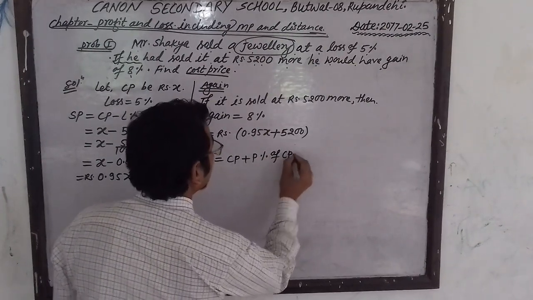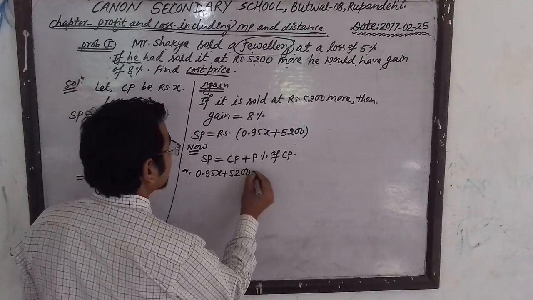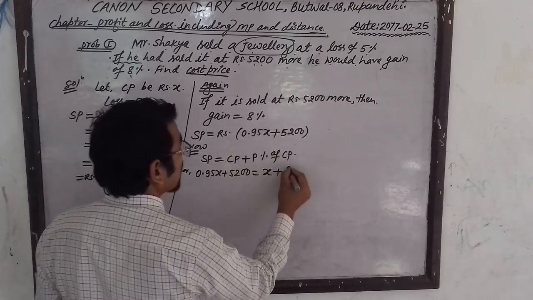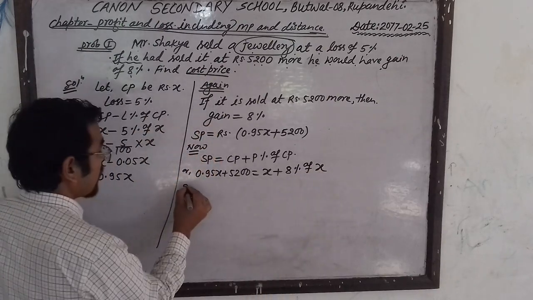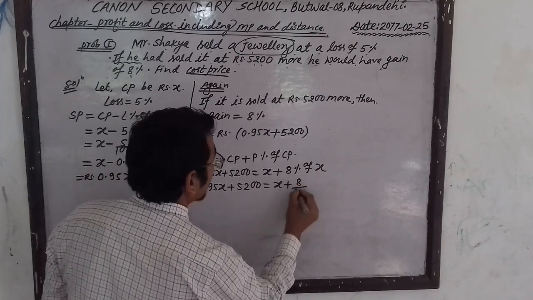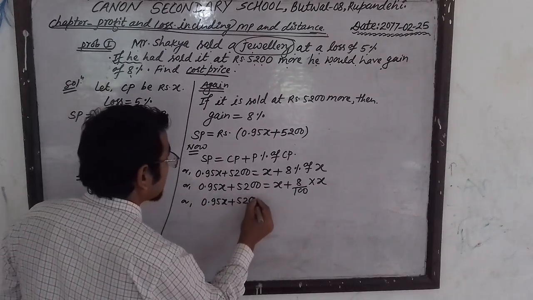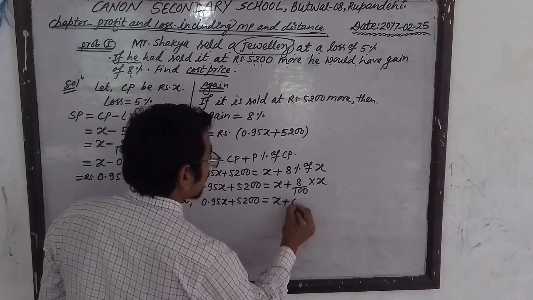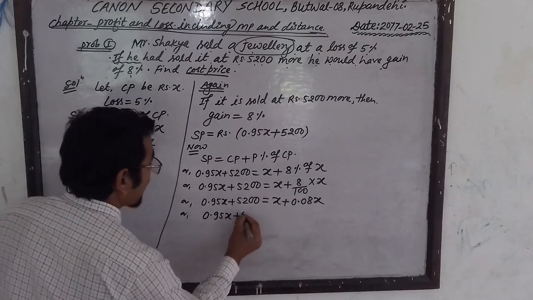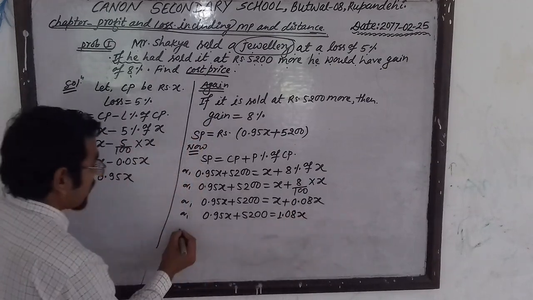SP is 0.95X plus 5200, which is equal to X plus 8% of X. So 0.95X plus 5200 is equal to X plus 8 by 100 times X, that is X plus 0.08X, which becomes 1.08X.